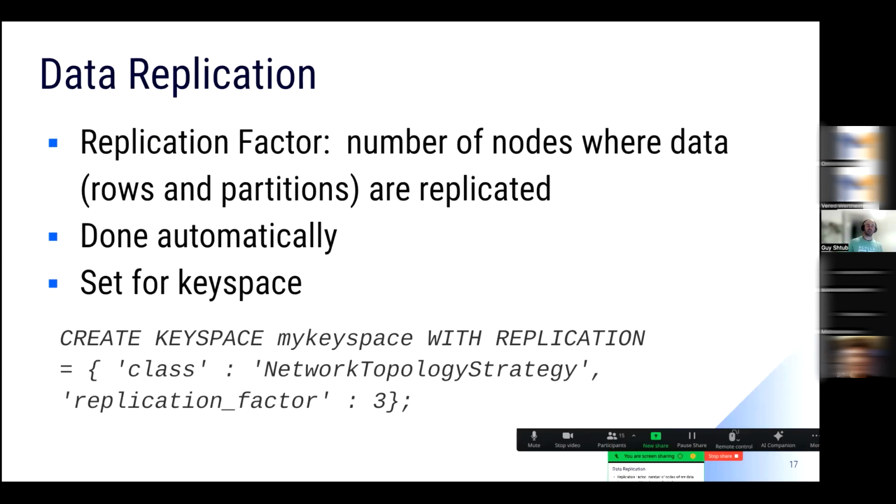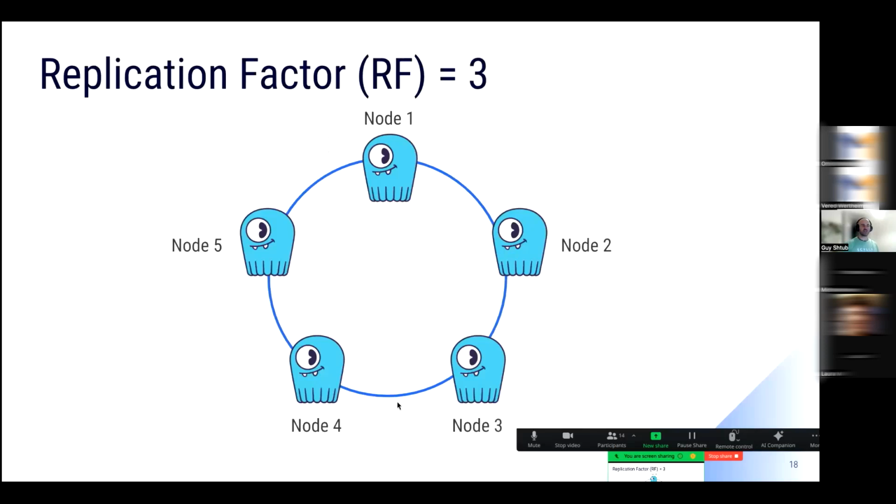So each keyspace can have multiple tables, and the keyspace defines different settings for all the tables within that keyspace. One of the important ones is the replication factor. So in this example, we create a keyspace, we call it my keyspace, and we define the replication factor to be 3.